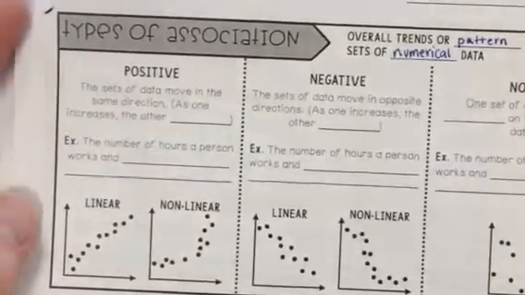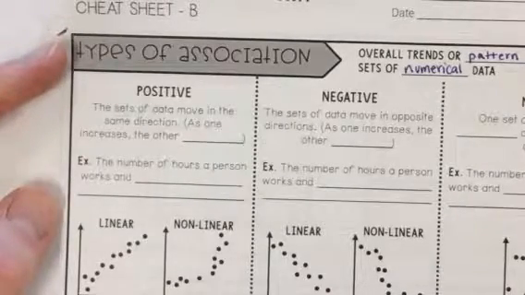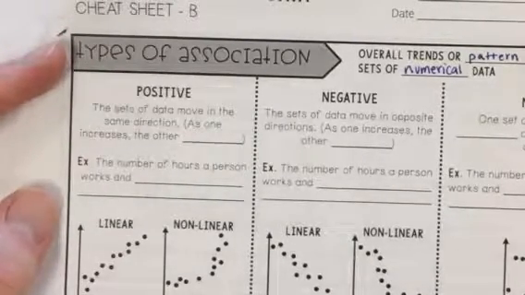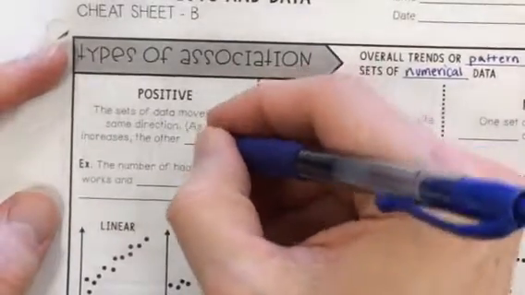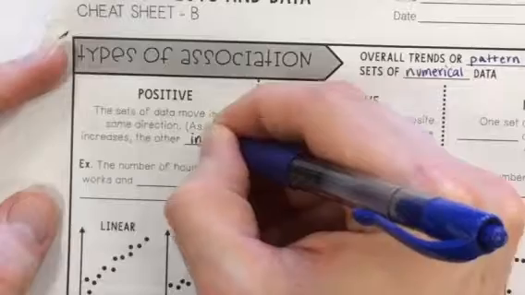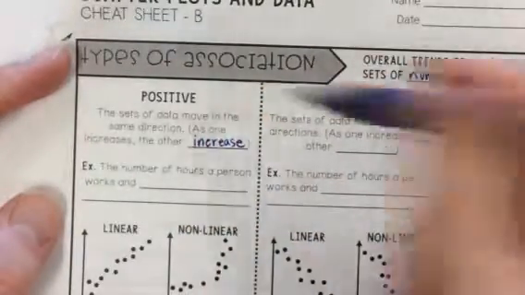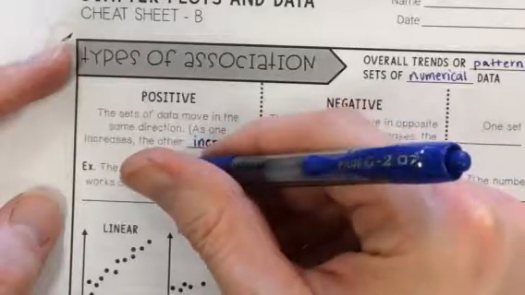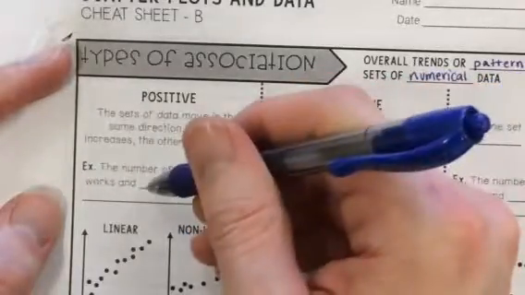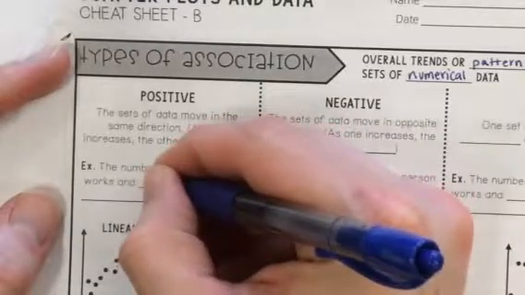All right, so if there's a positive association, the data move in the same direction, which means that as one variable increases, the other also increases. For example, the number of hours a person works and the amount of money they earn.